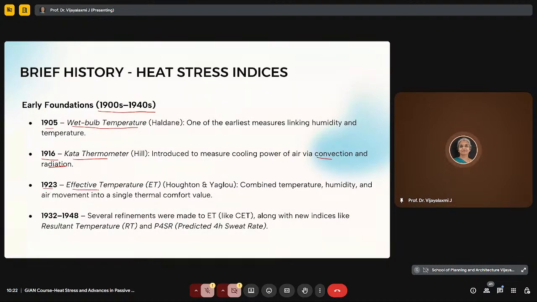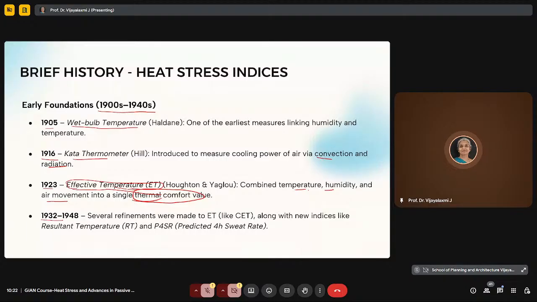In 1923, the effective temperature. I think most people in my generation, or people who follow the Manual of Tropical Housing, would have heard about this term, where temperature, humidity and air movement are combined into a single value. If anyone wants to know, that book gives a very basic understanding of what effective temperature is.